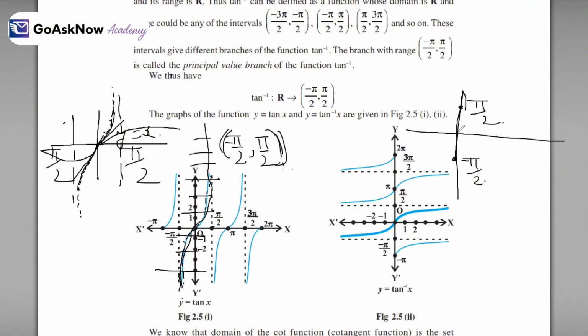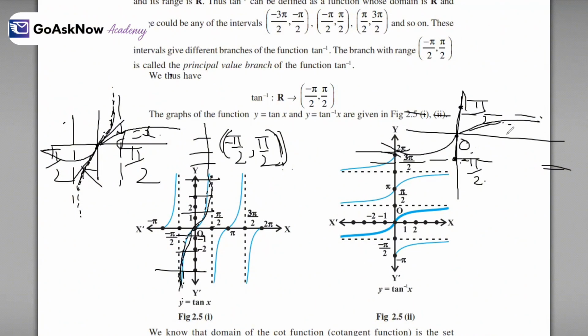In this interval the graph will look like this. This point is the origin, the 0 point, and this will be minus pi by 2 to pi by 2, and the graph will go on like this only.